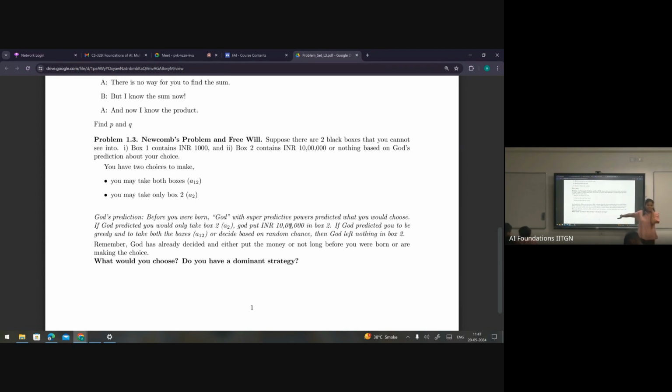For example, the Battle of Sexes did not have any dominant strategy for any of the players. So dominant strategy equilibrium is a good outcome, but it's not possible in every game. So what other possible outcomes can we look for, or game theoretically good possible outcomes in a particular game? That's what we are going to see in the class after.